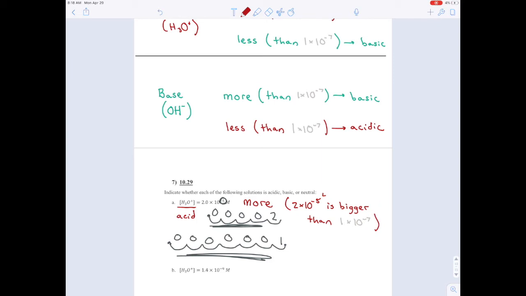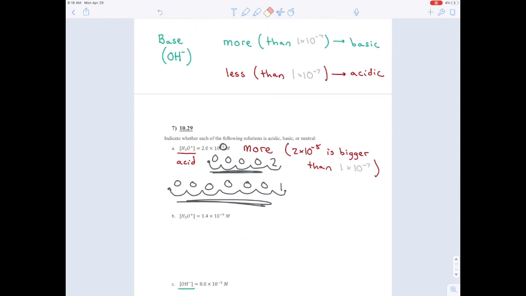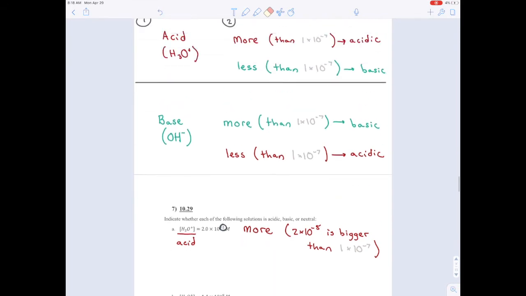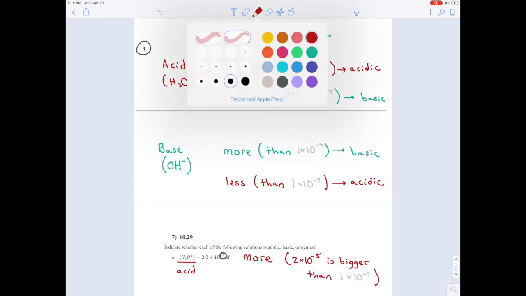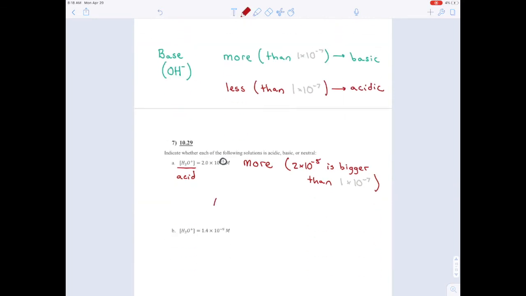So, okay, keep that in mind. Okay, so we had more acid, and that means that we said, okay, we have acid, we have more, so that means the solution is acidic. So this is acidic.